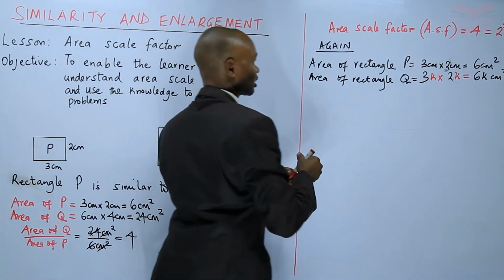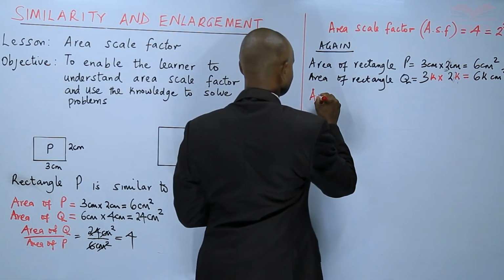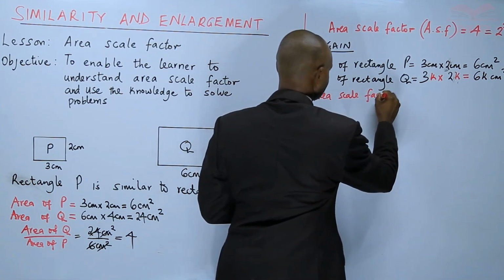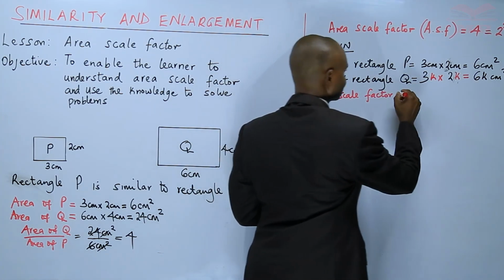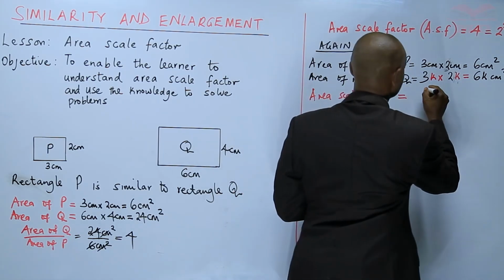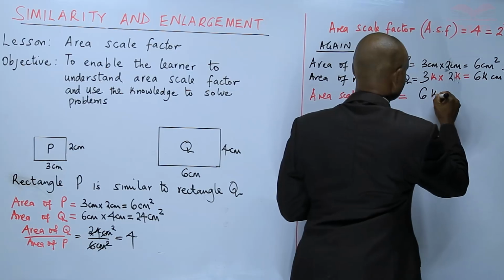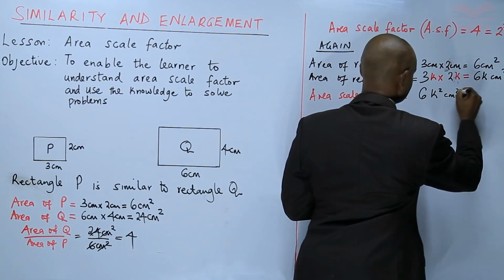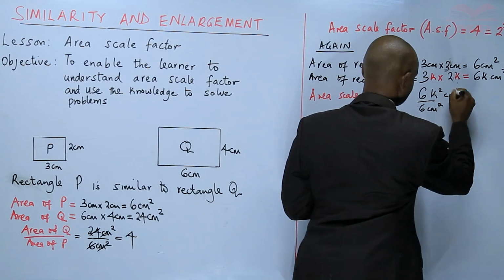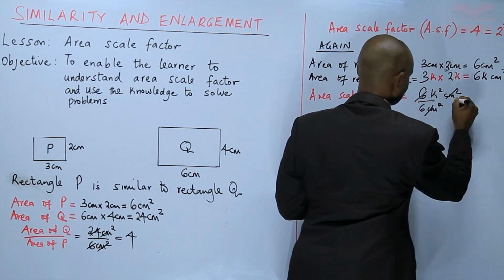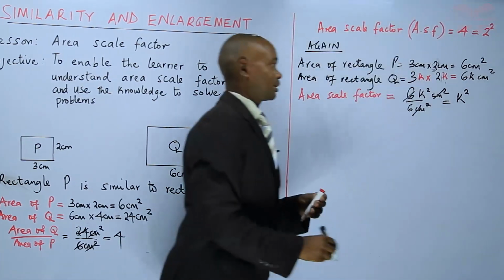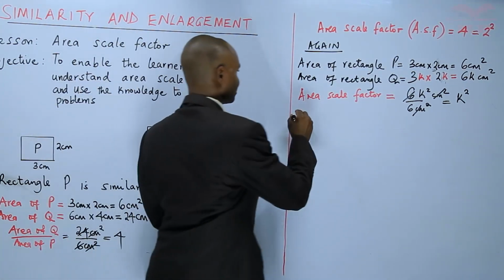So I can also write the area scale factor is equal to 6K squared over 6 centimeters squared. This will cancel, so it equals K squared.